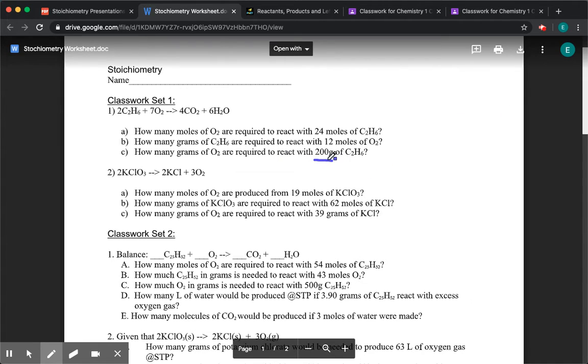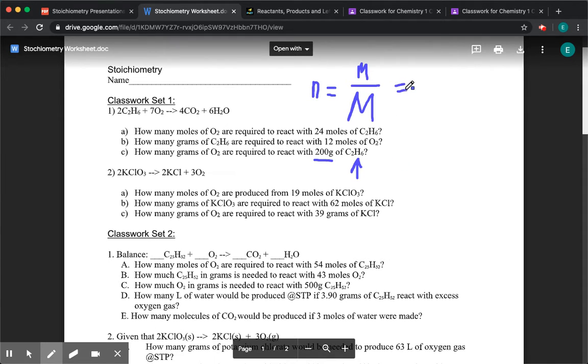So in order to go from grams to moles, remember that equation, n is equal to little m divided by big M, where little m is your mass and big M is your molar mass. So what we need is the molar mass of C2H6. Carbon is 12, so it's 12, 24. 24 plus 6 would be 30.